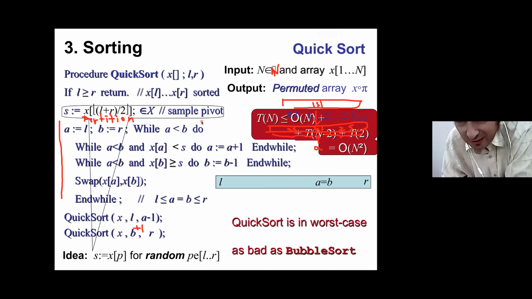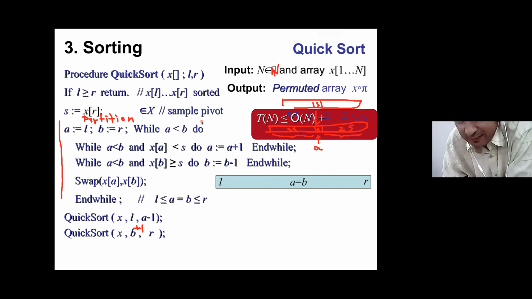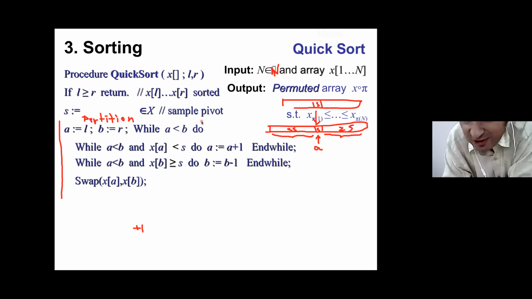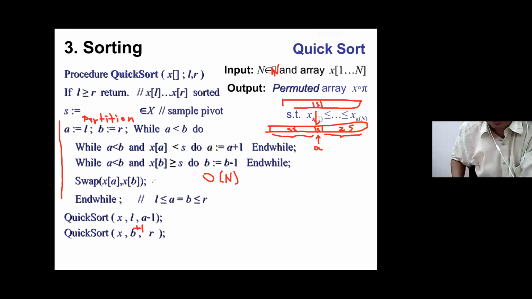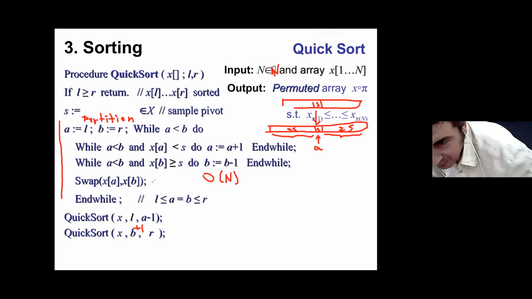So you can do this partitioning whenever you have a choice of this element S. And the good thing about this, let me write it here, is that this partitioning was complexity of n. So this is not too costly.